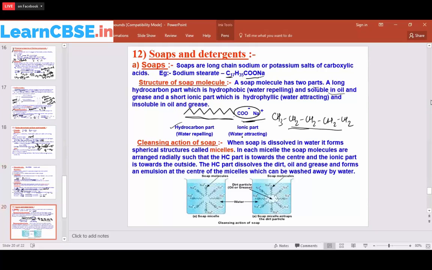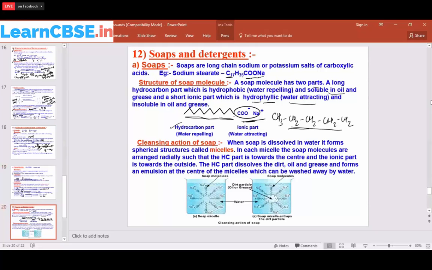And this is the one which is hydrophilic. Philic means liking, able to attract. Hydro means water, so this is the water attracting group. If the soap fully contained the hydrocarbon chain, it would not dissolve in the water. We have to make it soluble in water, and only then can we remove the grease.